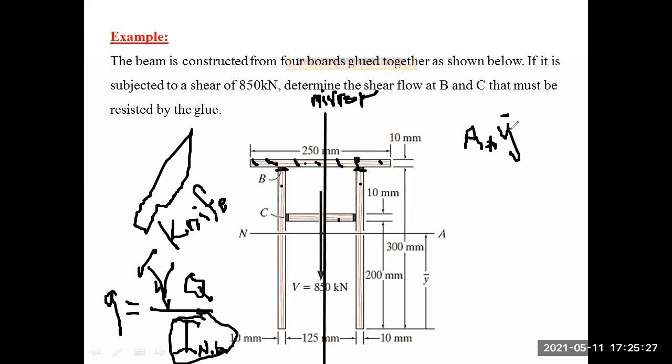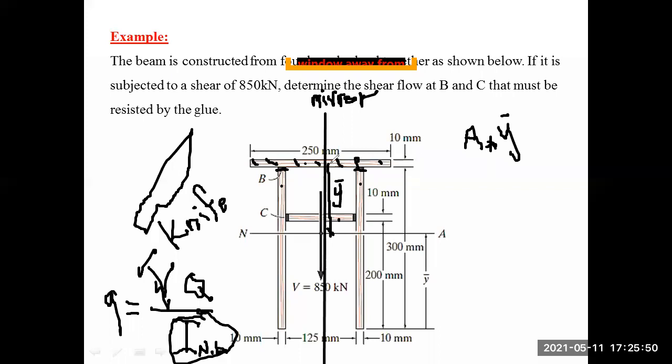It's the distance from the centroid of that element to where the neutral axis is located. So this is what Y prime or Y bar is, the distance from the centroid of this shape.